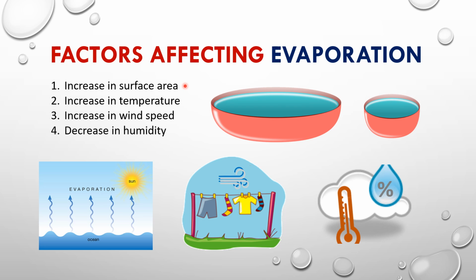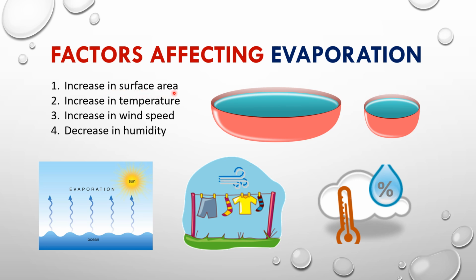Definitely the spread one. In the spread shirt the surface area is more, and the evaporation rate is also more, so it dries fast. So first point, increase in surface area, the rate of evaporation is also more.